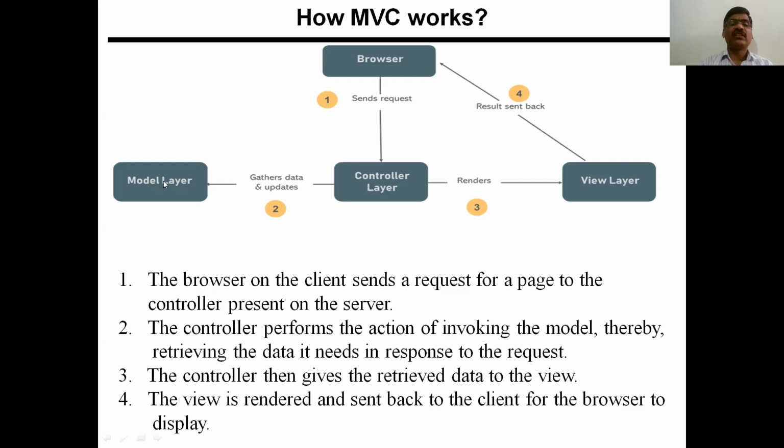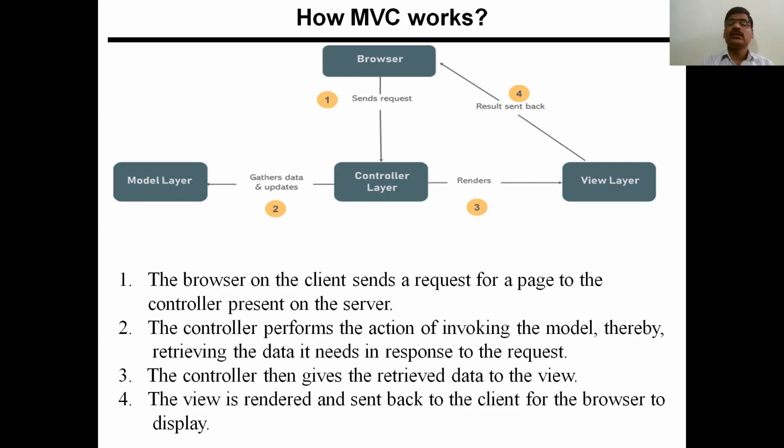This is the model layer, where your business logic will be implemented. This is the controller layer, which is implemented through a servlet, and this is the view layer, the presentation layer, which will be implemented through HTML or JSP, Java Server Pages. JSP stands for Java Server Pages.